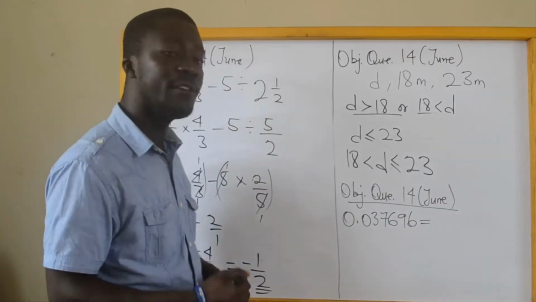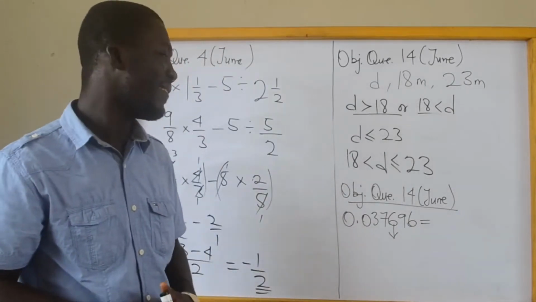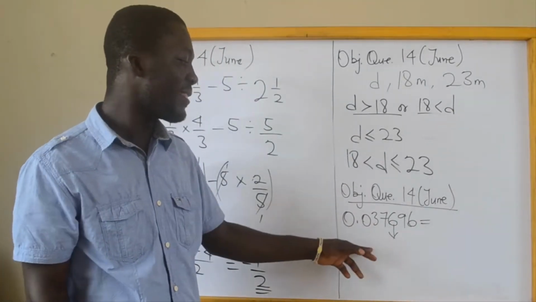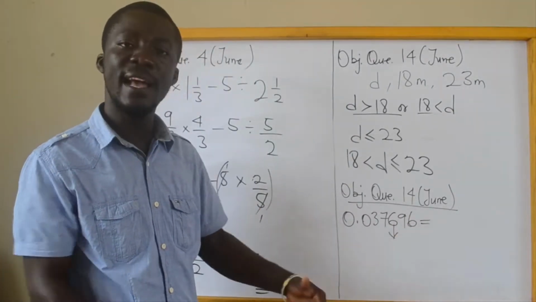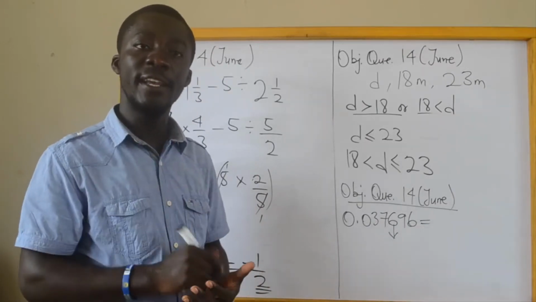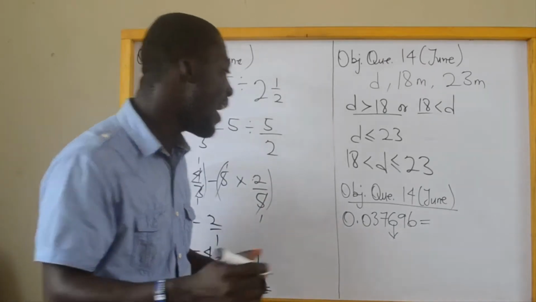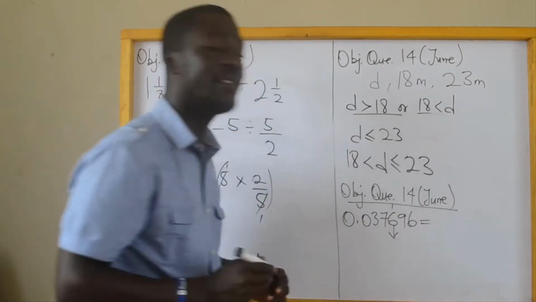So our concentration will be on the 6. We'll look at the number next to 6, that's to the right, and we ask ourselves, is it greater or equal to 5? If so, then we add 1 to the 6.